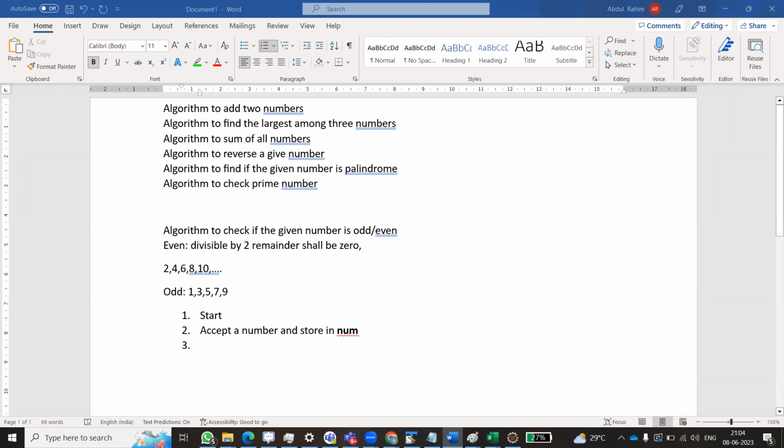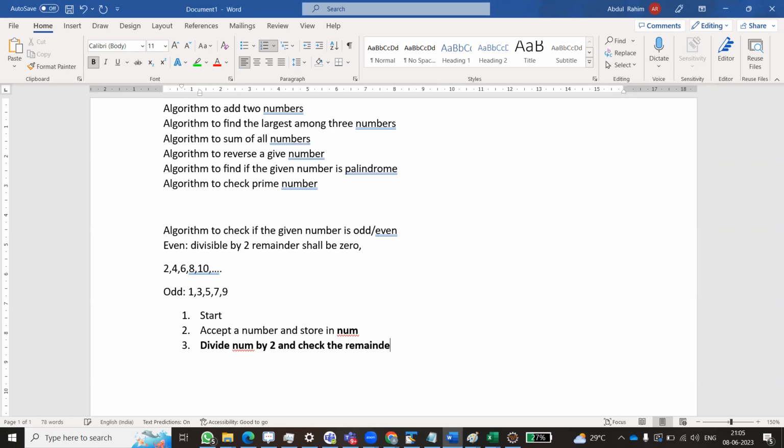Any other guys? What should we do now? Write the formula like remainder is equal to num by 2. Divide num by 2 and check the remainder. Right?